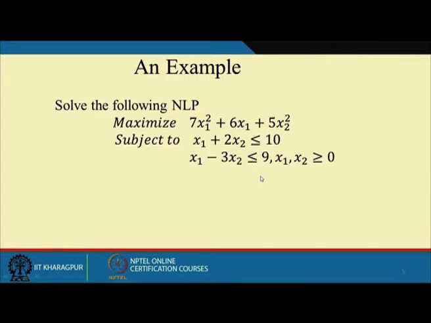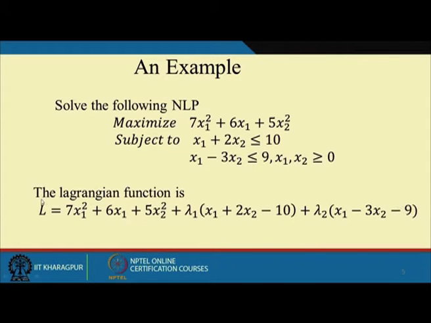With this, we have to find the optimal solution using the KKT conditions. What is the first task? The first task is to formulate the Lagrange function. In the Lagrange function you must have seen that we did not include the non-negativity constraints here, but we may include them.